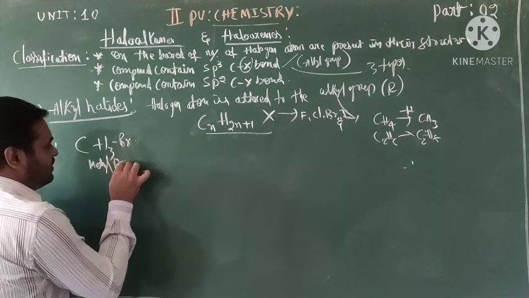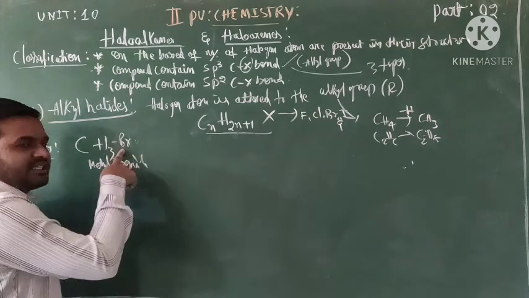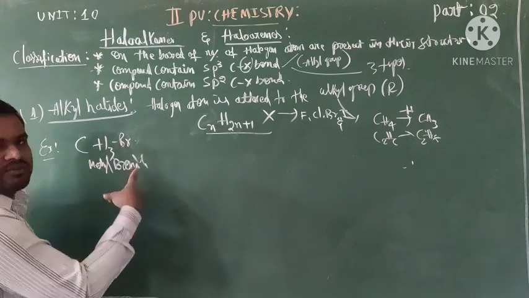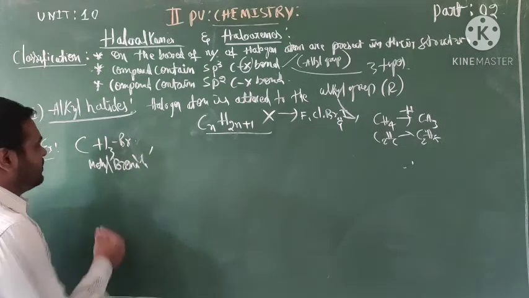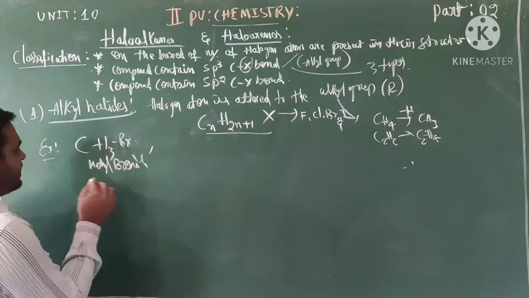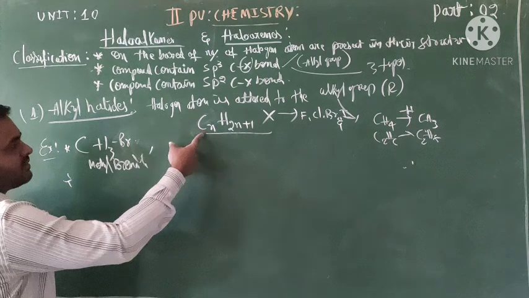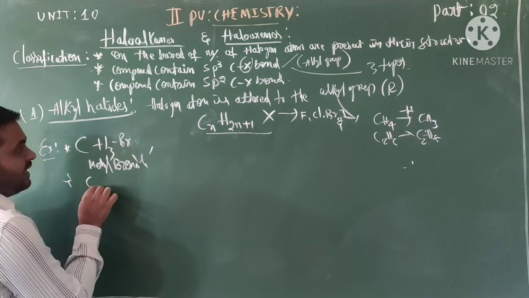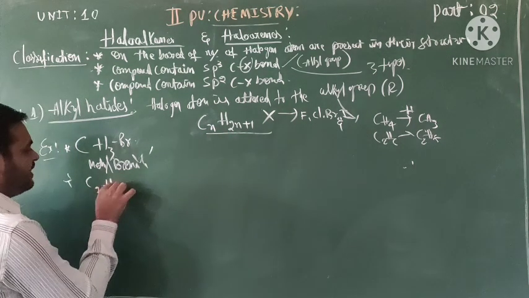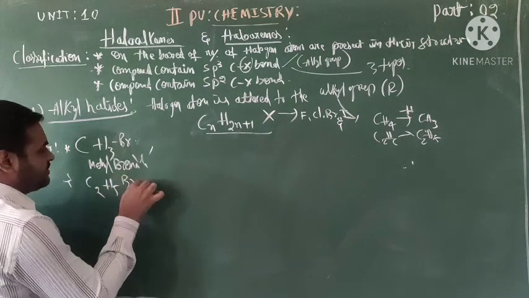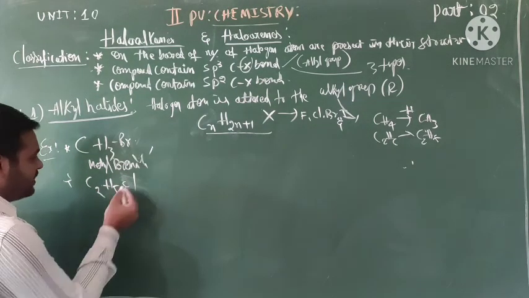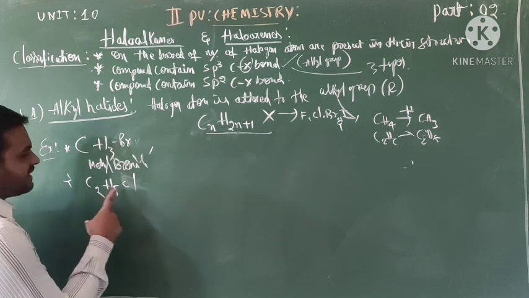Or chloride with Cl, iodide with I, fluoride with F. Another name is bromomethane. One more example: take n equal to 2, C2H(2 into 2 plus 1), C2H5Br, or with Cl. The name is ethyl chloride.